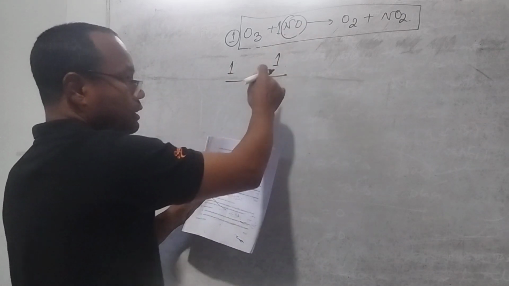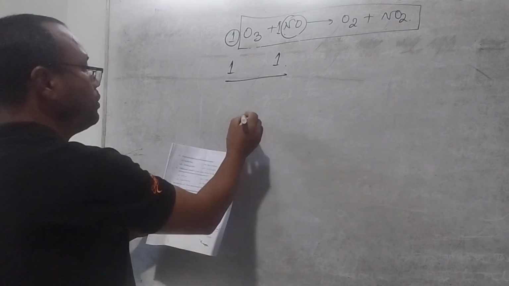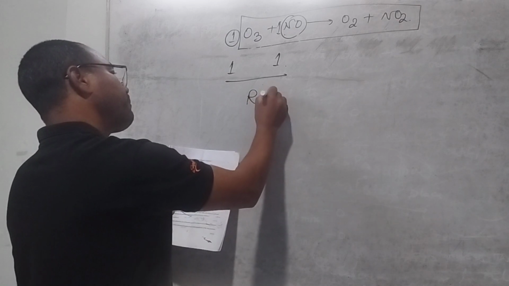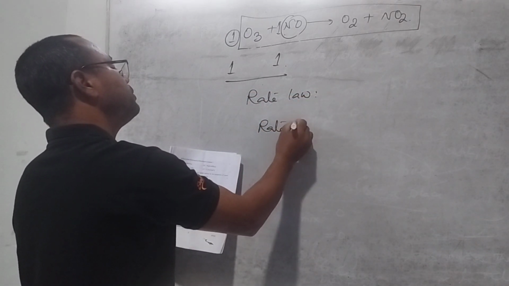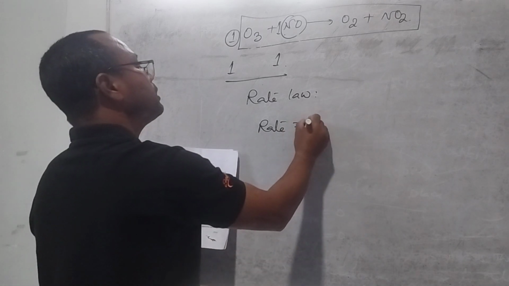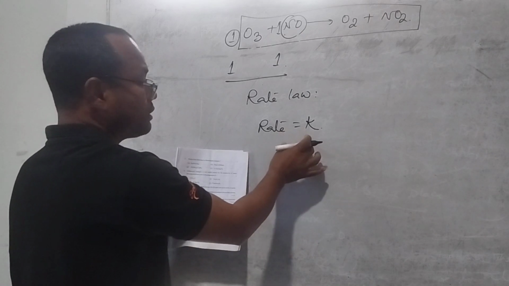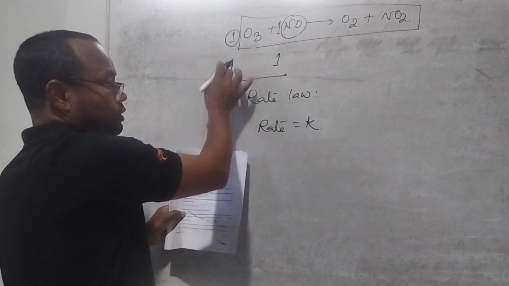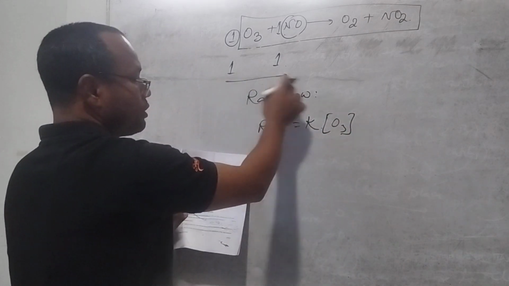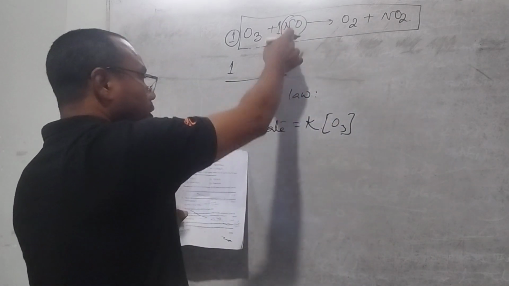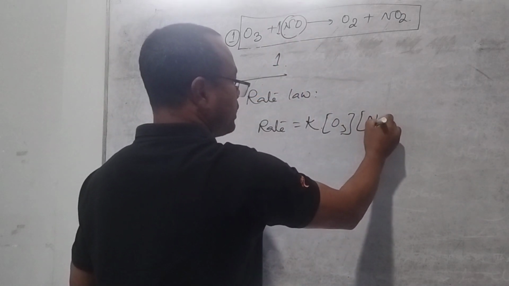Also 1. So when we write the rate law, what will it be? The rate law means the rate equation, where k is the rate constant. In our rate equation, the rate of the reaction depends on the concentration of O3, so I write O3. What is the coefficient? 1. The rate of the reaction also depends on the concentration of NO, so we write NO also.